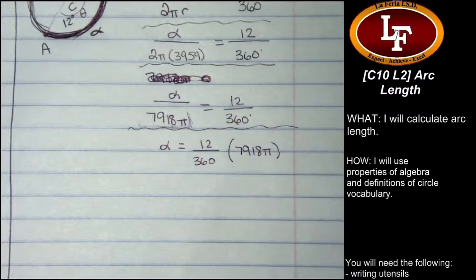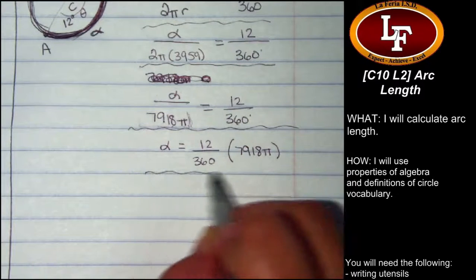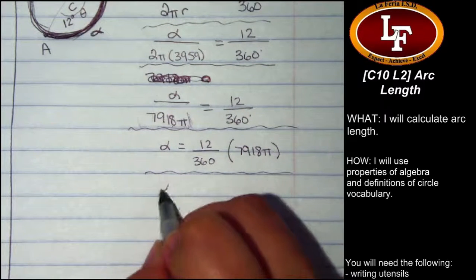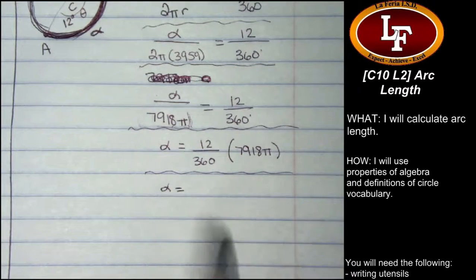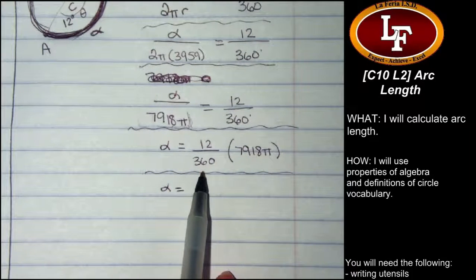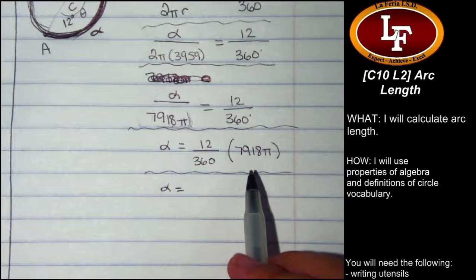I'm left with just alpha, the arc length of that arc, equals this whole big mess. So I'm going to go ahead and find the exact value. I'm going to do that by doing this division right here. And that gives me the fraction.